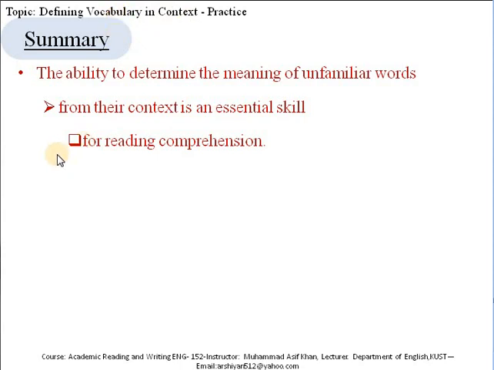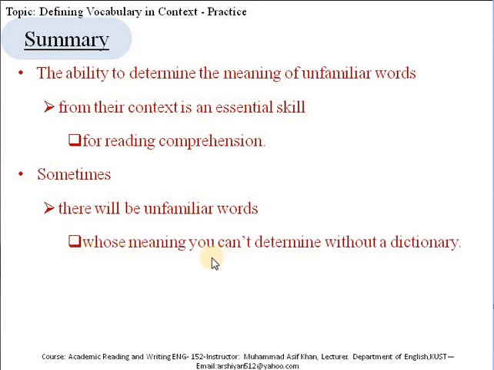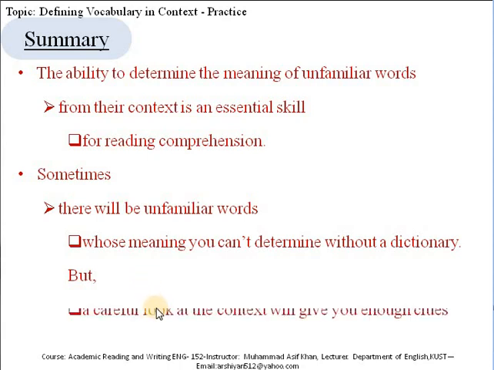And when there are unfamiliar words whose meanings are not known to us, or we can't determine the meanings of those words without dictionary, finding those meanings by carefully looking at the context, that is the message of today's lecture, that we have the ability, or we can develop this very capability to find out the meanings of the difficult words from the clues which are there within that very text.